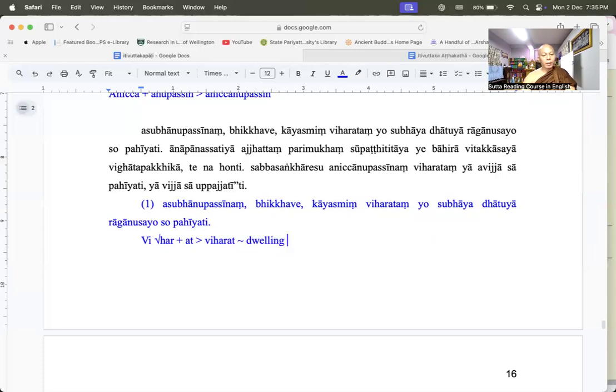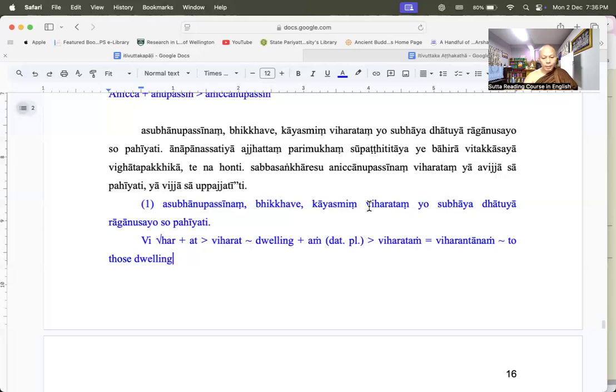But the one with the secondary form of the dative or genitive plural, viharatam, is equivalent to viharantanam. So that means to those dwelling in this way.